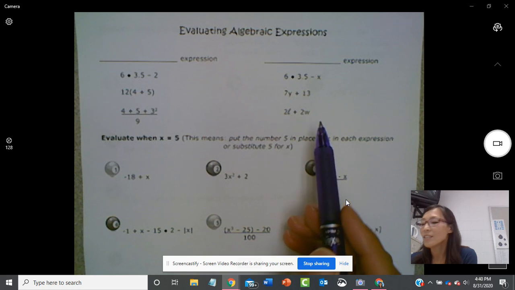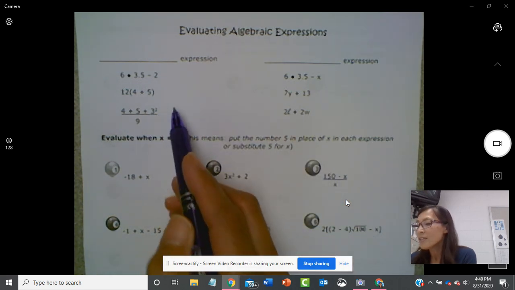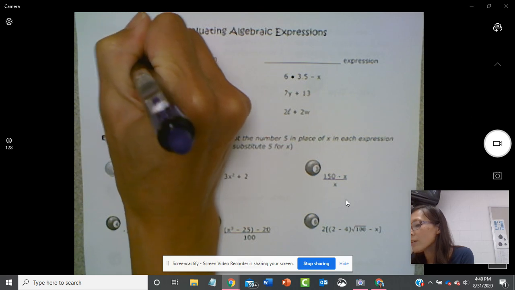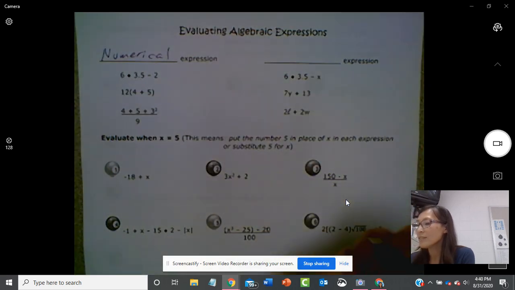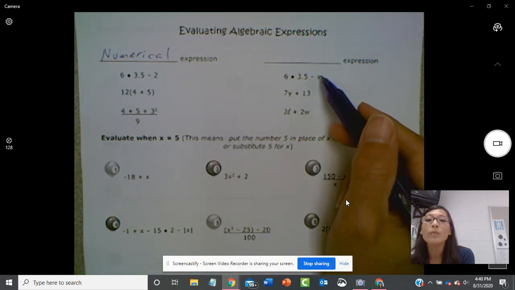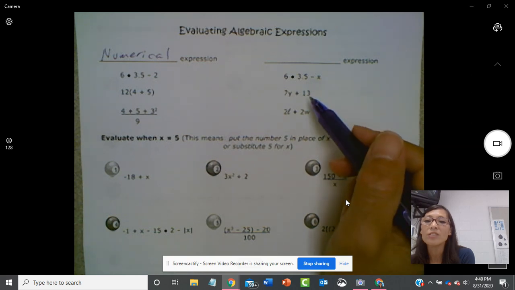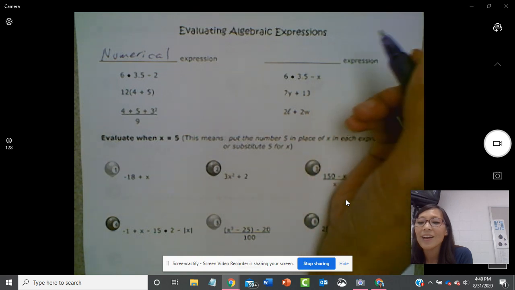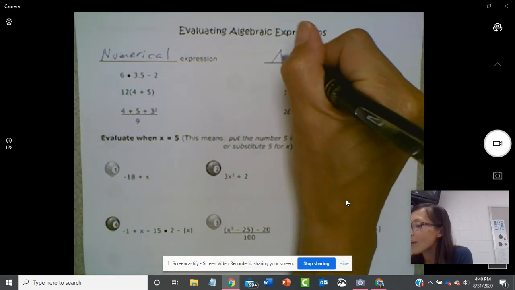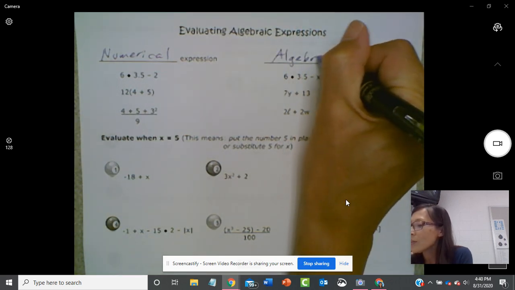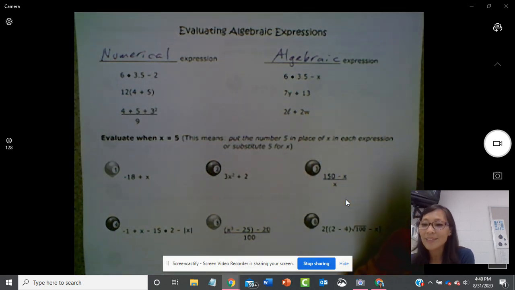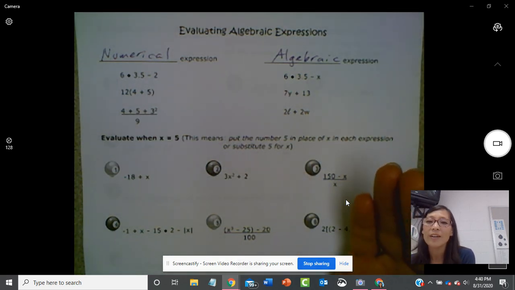correct observation. So when it's all numbers, we call that a numerical expression. And the moment we have variables, even just one variable in it, it is now an algebraic expression, because basically algebra means that we're working with variables.